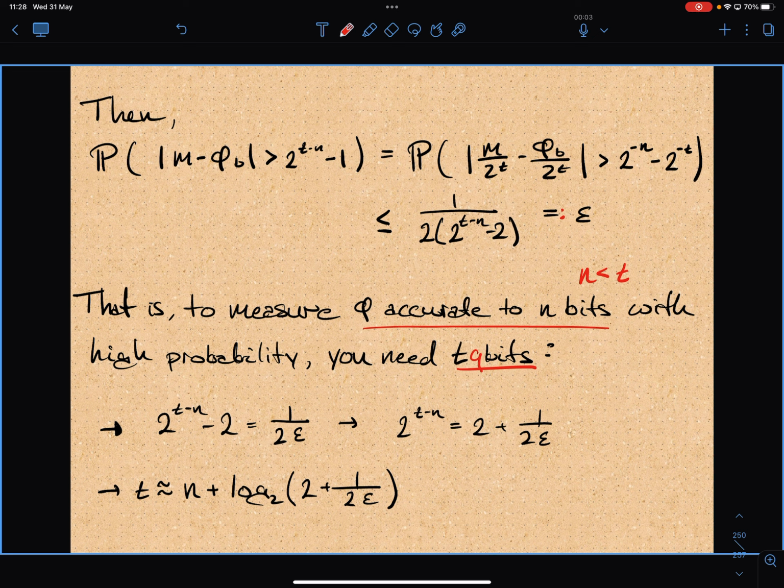So using this bound, you need t qubits, which is roughly n plus log base 2 of 2 plus 1 over 2 epsilon, to measure phi accurate to n bits and with the probability bounded by epsilon.